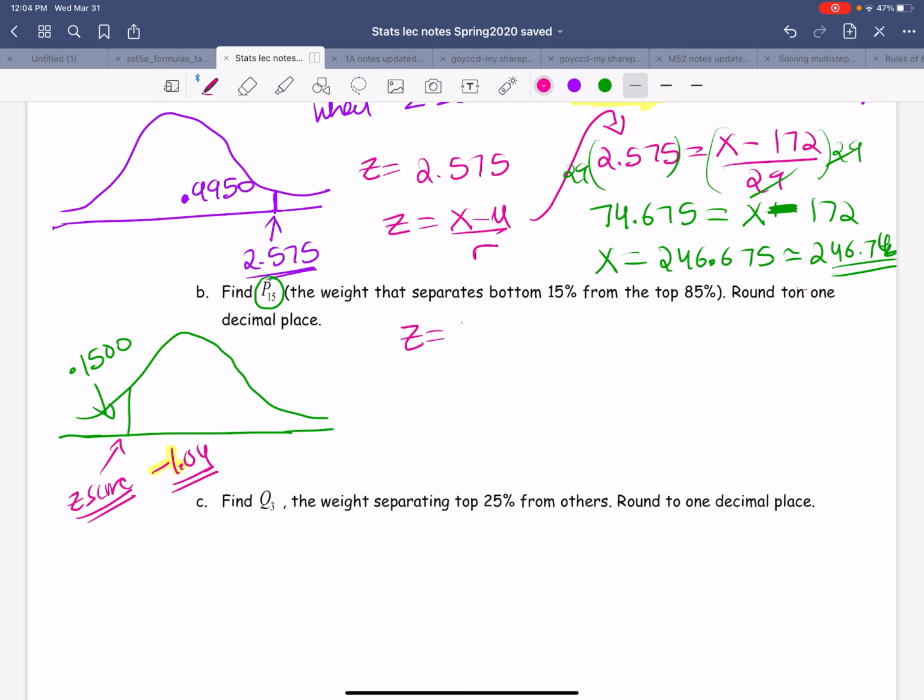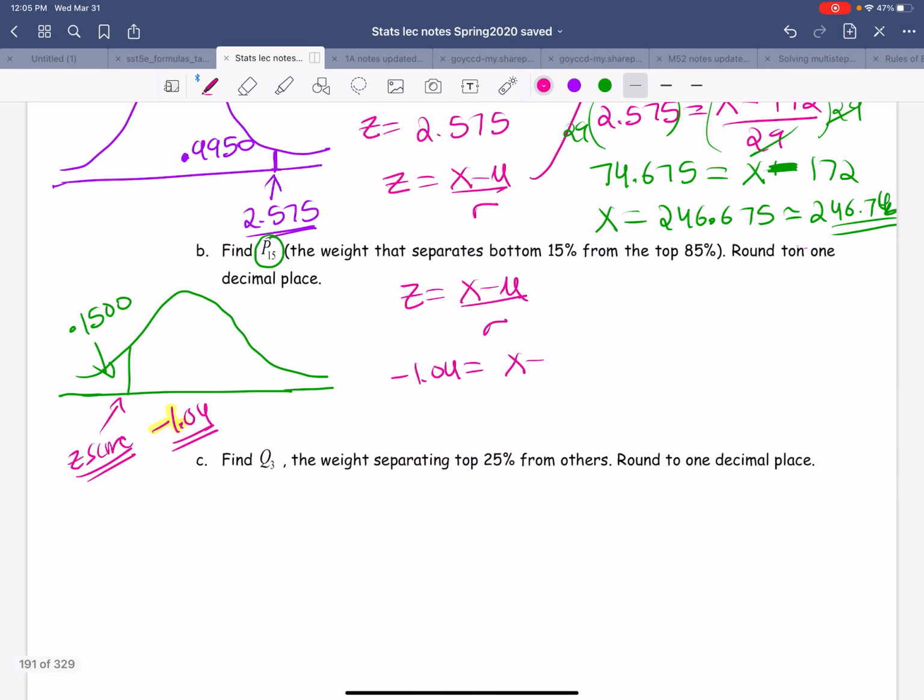So z is data value minus the mean divided by standard deviation. We're looking for the data value. We already know the mean, 172. We already know the standard deviation, 29. Let's go ahead and solve it and find the data value. I'm going to multiply both sides by 29.